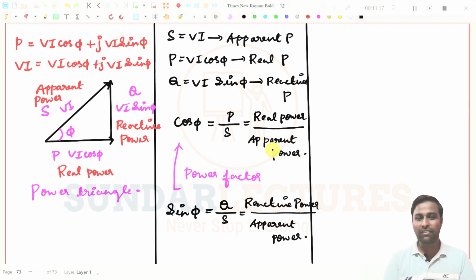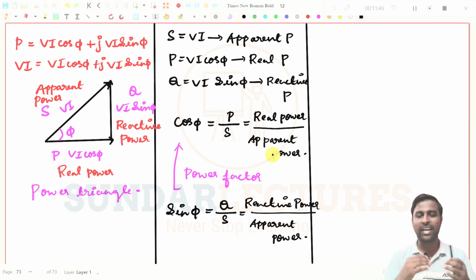If you are giving an apparent power of 100, for example, you have to utilize 80 of that 100. That 80 should be real power, and I'm not telling it very deeply with SI units because you people cannot understand what I am telling. So 80% of the power should be utilized by the load. That is the thing you need to understand.